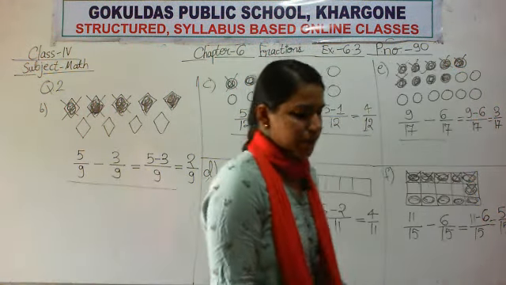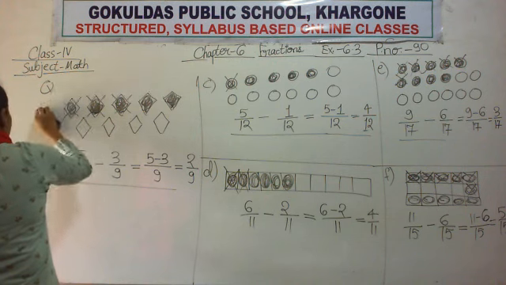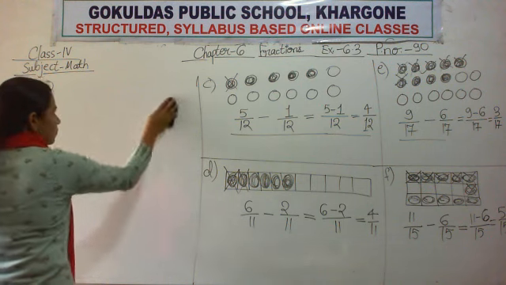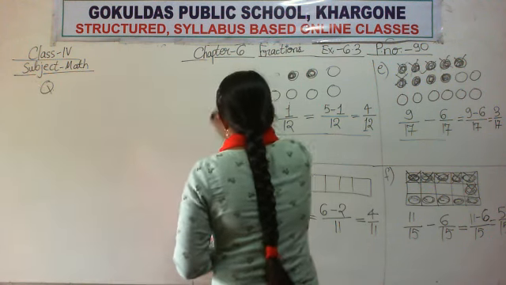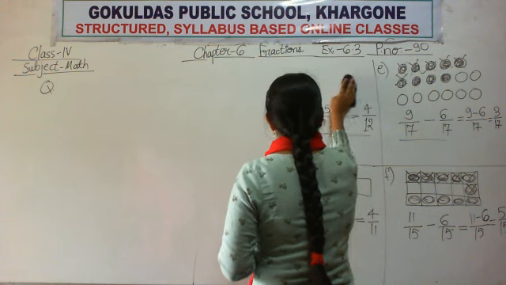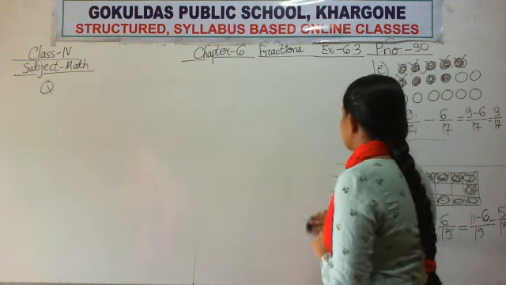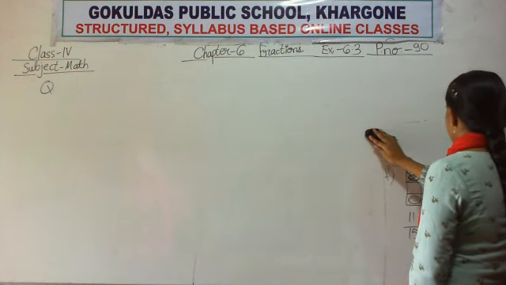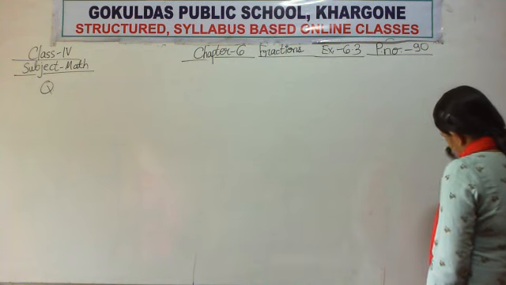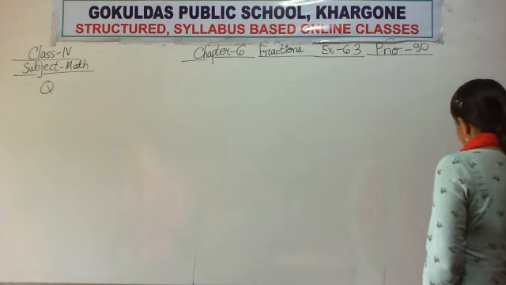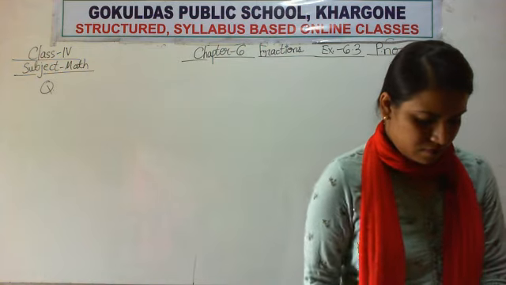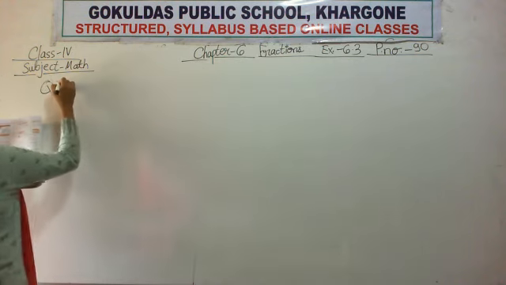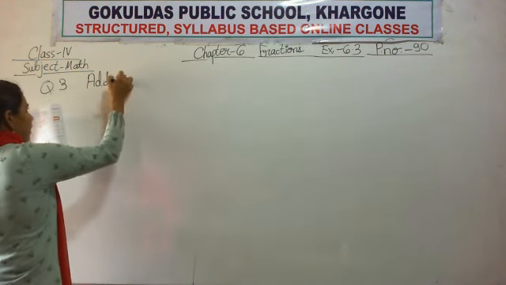Now question number 3 of exercise 6.3. Question number 3 is add the following.